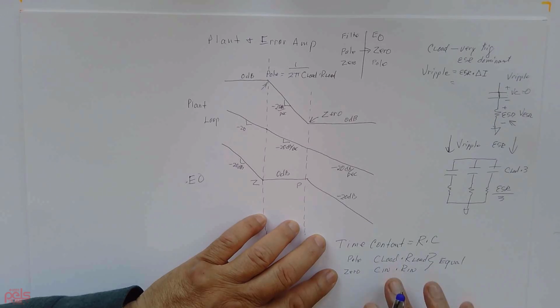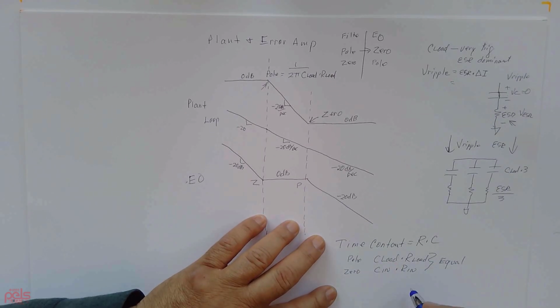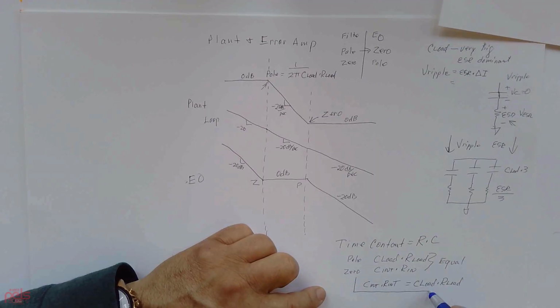So you end up with this equation: C load times R load is equal to C integrator times R integrator.